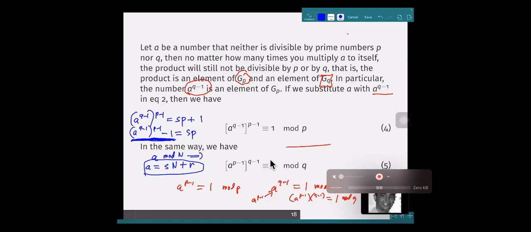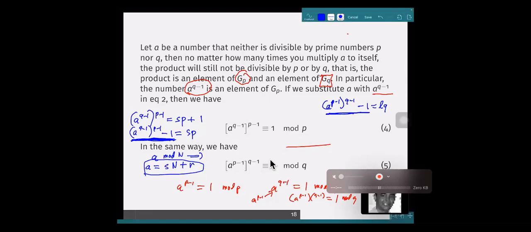Equation number 5 is equivalent to a to the p minus 1, raised to the q minus 1, minus 1, is equal to l times q, where l is a whole number, we don't care which. What we're saying here is that this thing here is divisible by q.